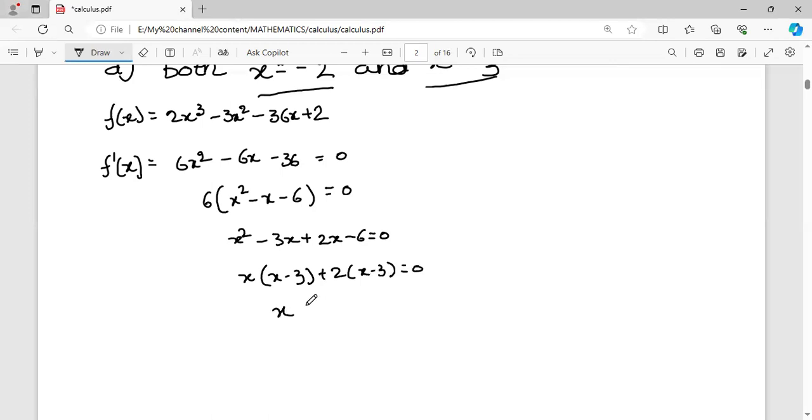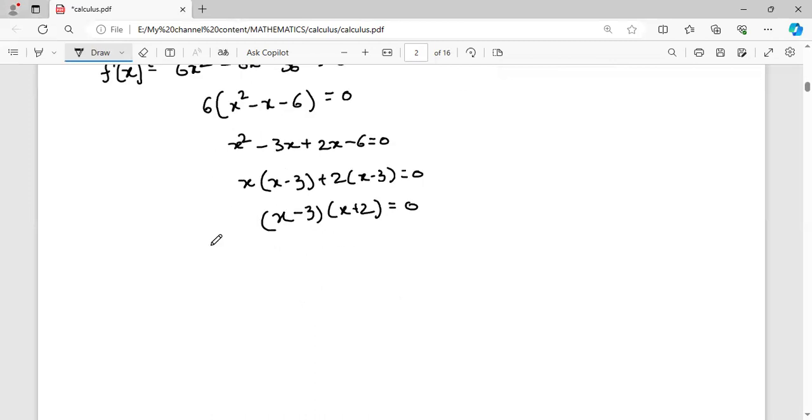From this we can write x minus 3 into x plus 2. Then the values are x equal to 3 and x equal to minus 2. So here we find the values x equal to 3 and x equal to minus 2.